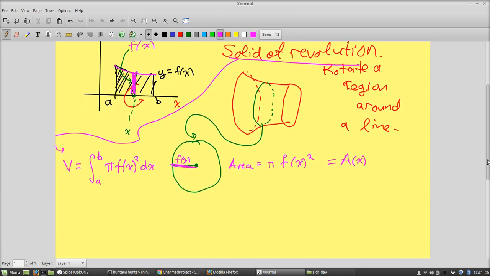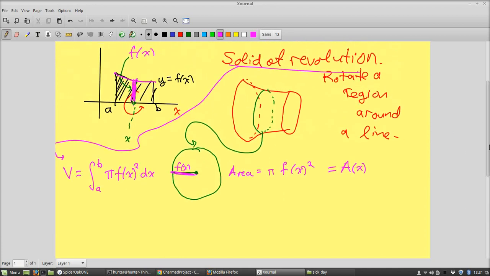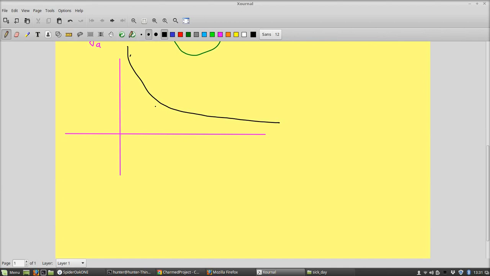So let's do an example. Let's suppose we have some axes, and here's a little bit of the function y equals 1 over x. So it looks kind of like that. And let's go between 1 and 2.